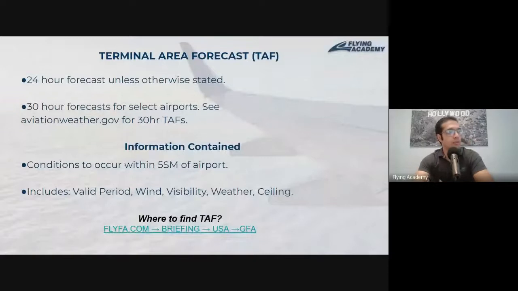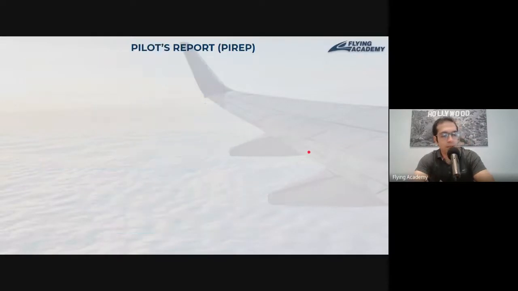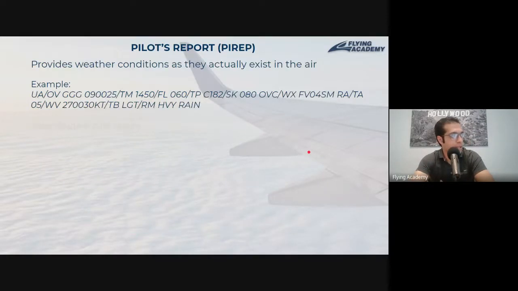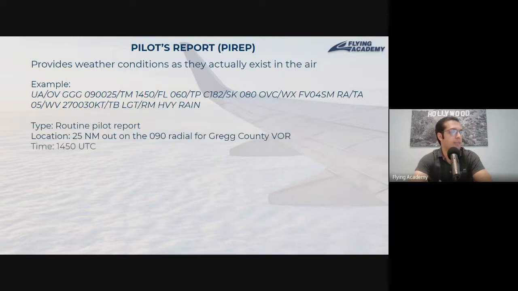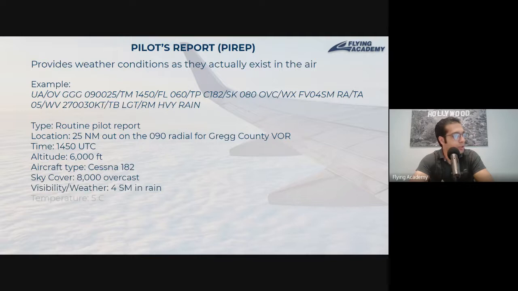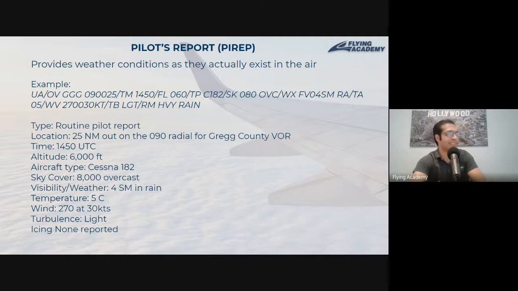We go to the tab, if I can select it here, yes. Okay, awesome. So we're all familiar with this. Pilot reports are again observations, reports made by pilots to the controller to help other pilots out. In concept it's the same as METAR, G-AIRMET, again same thing.